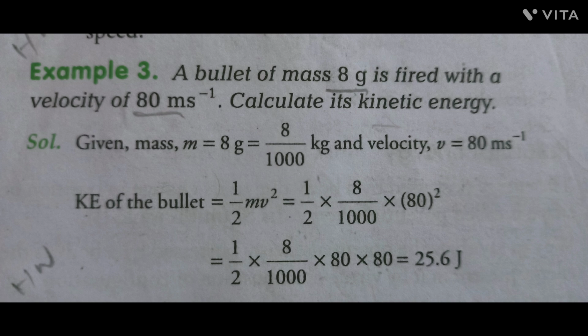Therefore, kinetic energy of the bullet is equal to half mv square, which is equal to half into 8 by 1000 into 80 square, which is equal to 25.6 joule.